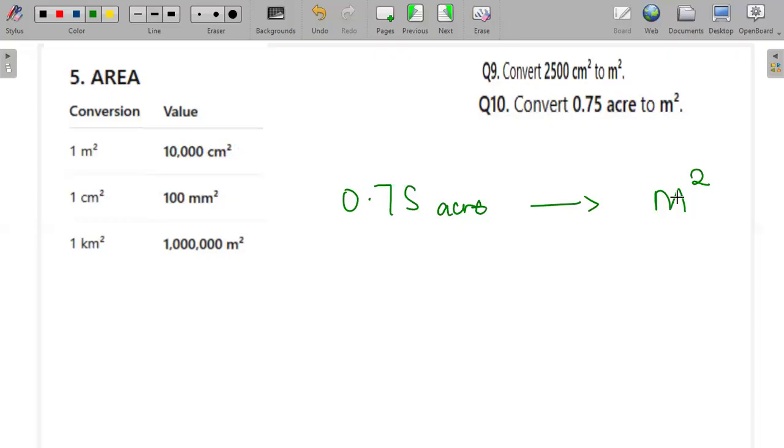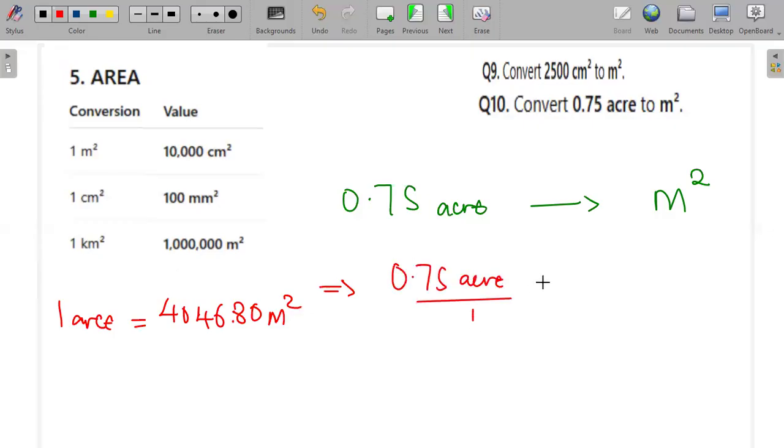So what is the conversion factor from acre to squared meter? I didn't put it here, but the conversion factor for that is simply 1 acre equals 46.86 meters squared. So this is just going to be 0.75 acre over 1 multiplied by the conversion factor, 1 acre, and on top I'm going to write 46.86 meters squared.